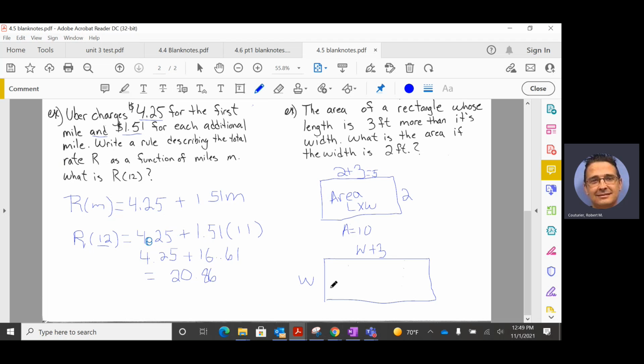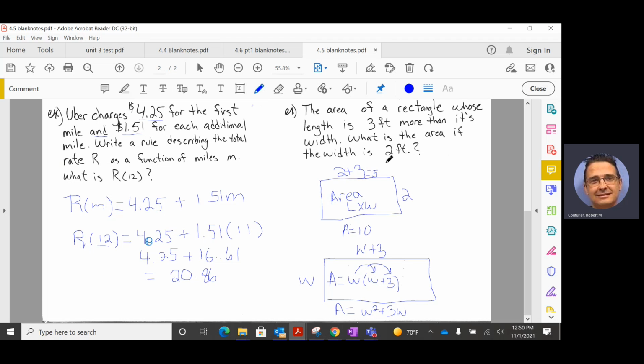And then if we go to actually write the area formula, the area equals W times W plus 3, right? We can use the distributive property here. So the area equals, well, W times W is W squared plus 3W.